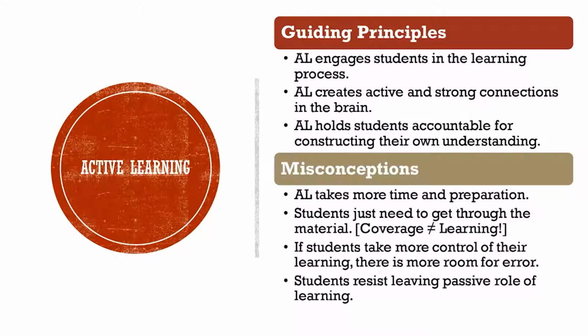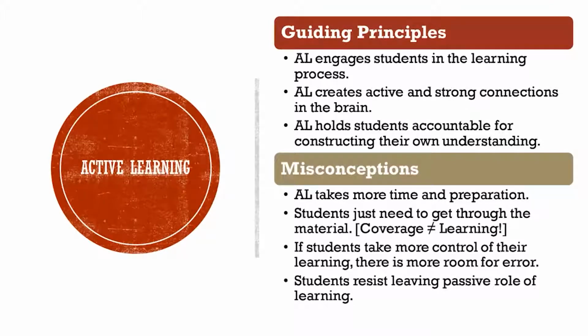Active learning creates strong and active connections in the brain, and we want those pathways that already exist to be strengthened. We want to create new pathways, and ultimately we want students to be held accountable for constructing their own understanding, not just having information inserted. We want them to be involved.